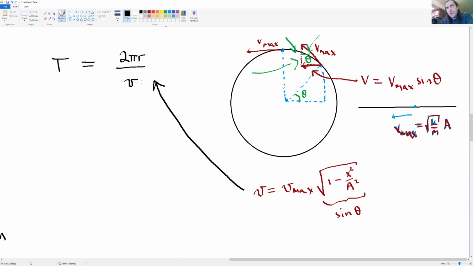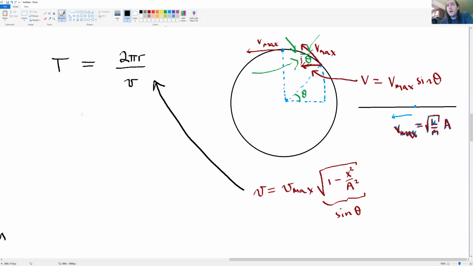In order to do that, we have to show that the spring mass system is equivalent to a uniform circular motion, where the uniform circular motion speed is the same as the maximum speed for the spring mass system. And it turns out all of our equations are lining up really nicely. So we're going to be able to calculate the period now.